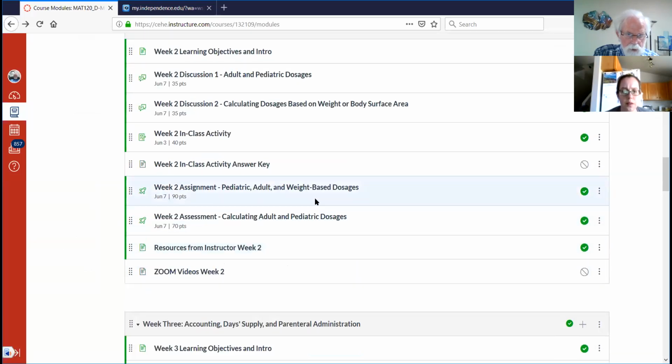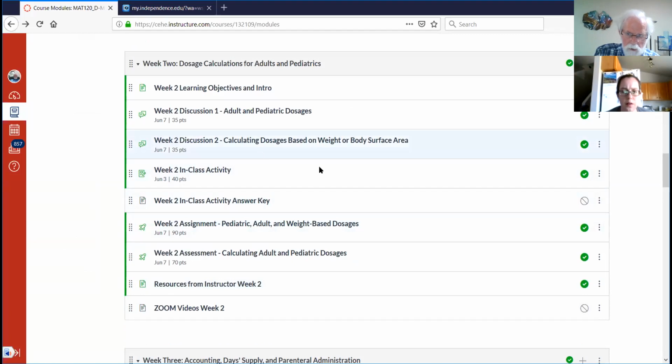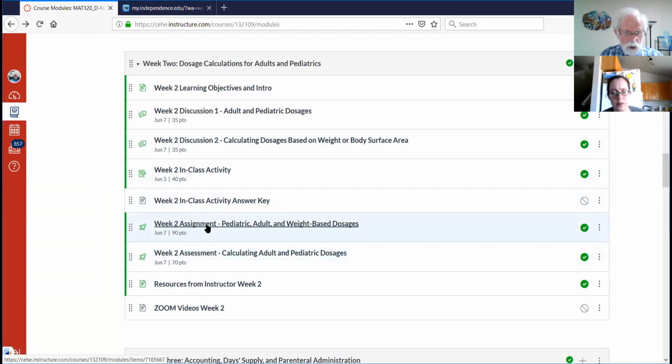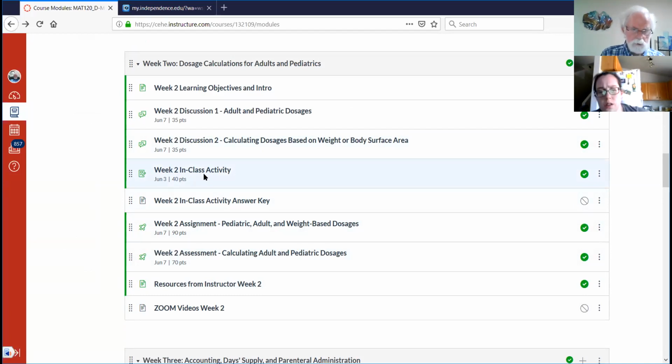So we'll do the in-class activity on Wednesday. And once again, I'll post the key afterwards. You're working on the assignment now. That's great. I would put off doing the assessment until after we do the in-class activity. Okay, I can do that. That's fine. I'll focus on the discussions in the week 2 assignment.